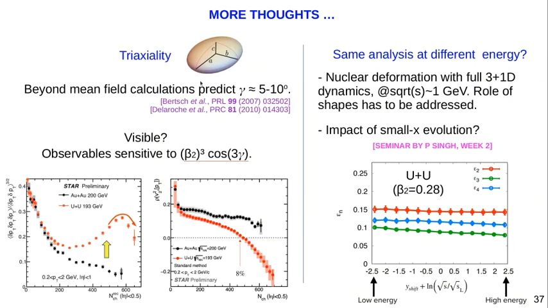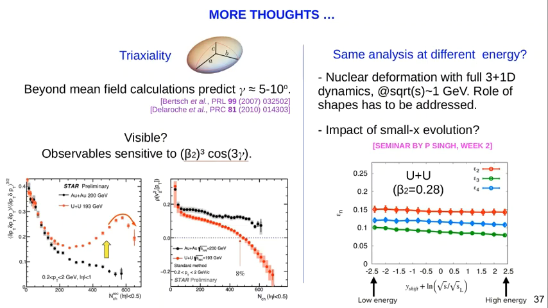Well, I think it's possible, but it will require very quantitative comparisons. We have these observables now, like the v2 mean pT correlation discussed before, which has a leading dependence on cos 3 gamma, or what is called the skewness of the mean pT, the third moment of the mean pT distributions at a given multiplicity, which also has a leading sensitivity to cos 3 gamma.